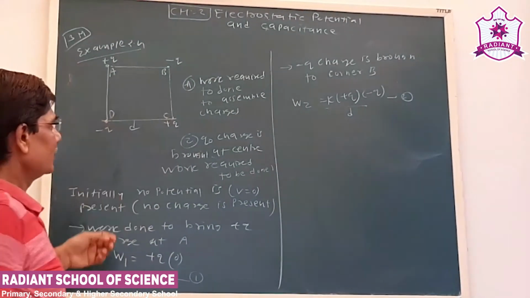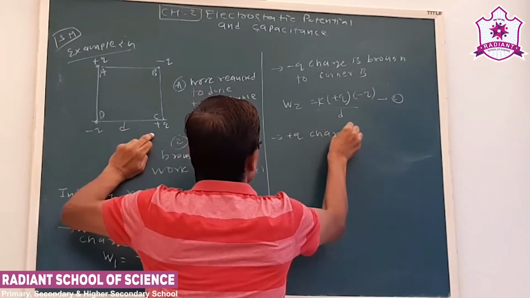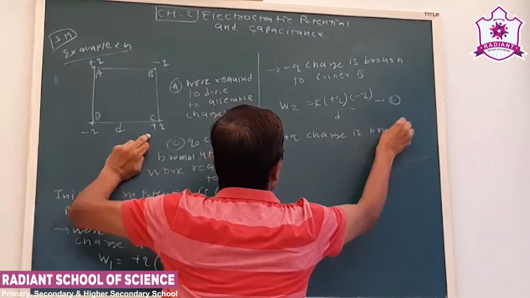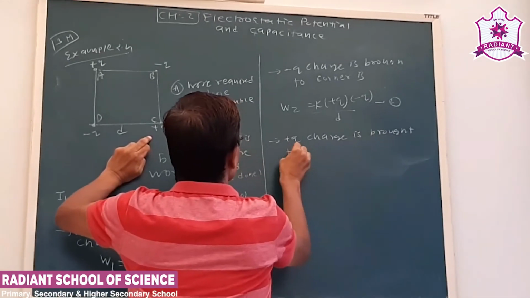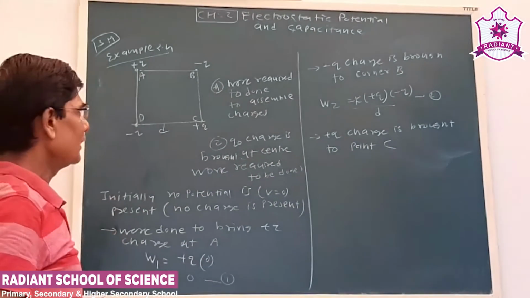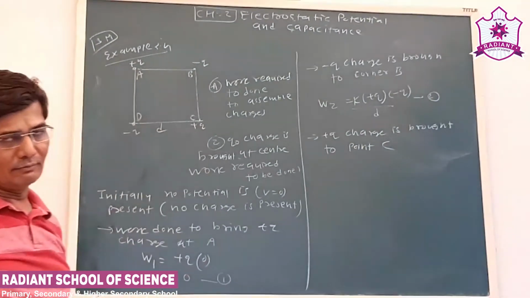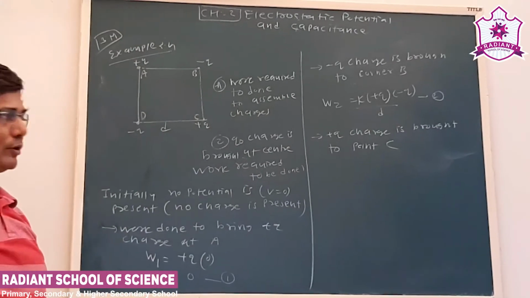Now next, plus Q charge is brought to point C. Now what we can see here is that the plus Q and minus Q will produce potential.